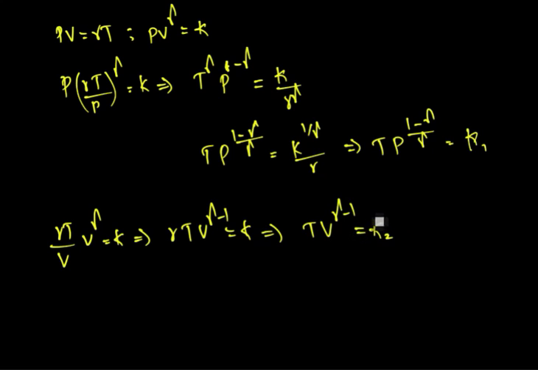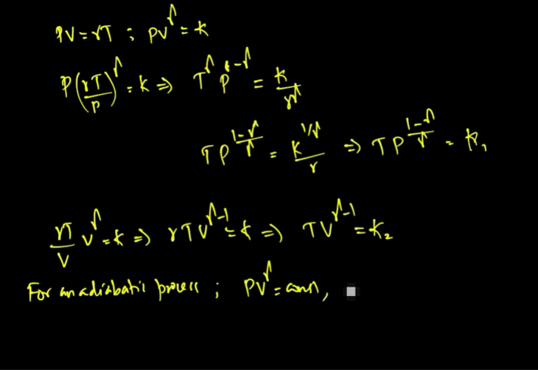So for an adiabatic process, we can have the equation P V raised to gamma is a constant, or T V raised to gamma minus 1 is some other constant, not the same constant, and T P raised to (1 minus gamma) all divided by gamma is a constant. This is again another constant.